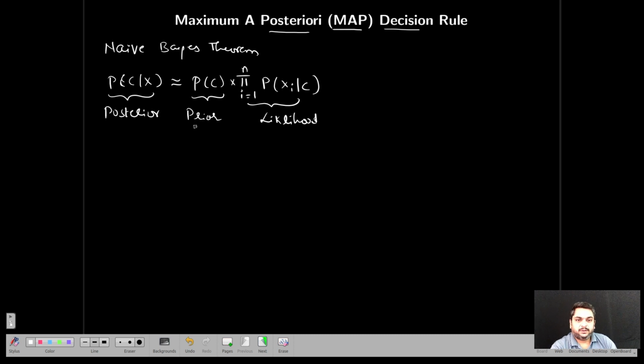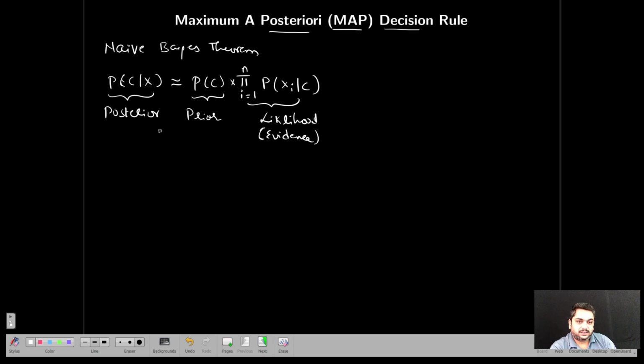What are we doing in naive Bayes? We are calculating the posterior probability as the product of the prior probability, which is from the data set, and the likelihood of that feature. This we also call the evidence.